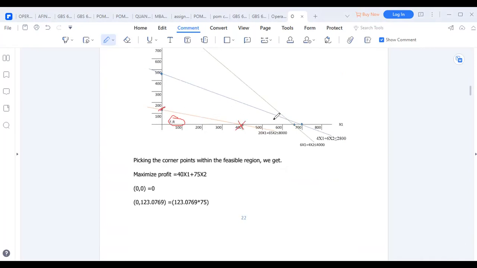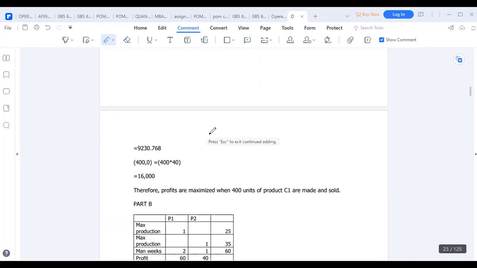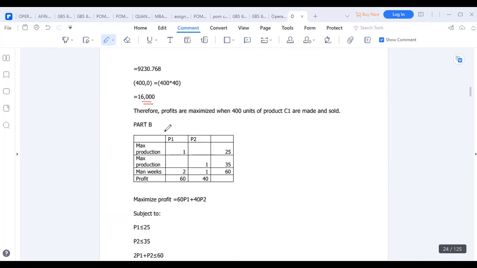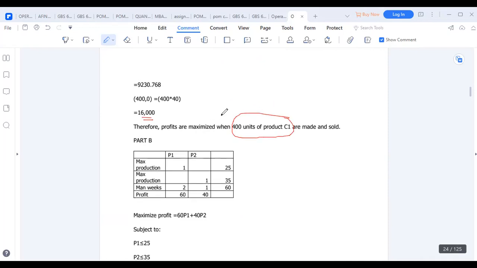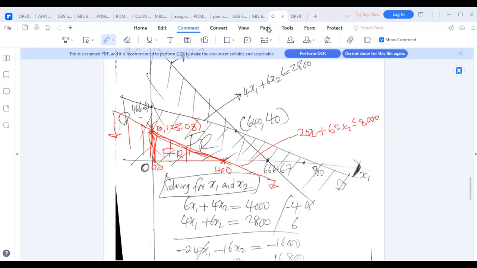And then we have gotten the corner points. Then the other ones, so let's see, the answer should be 16,000. Therefore, they should produce C1, 400. So we have confirmed that the answer should be 16,000. So they should just produce the 400 units, which gives us the optimal value.